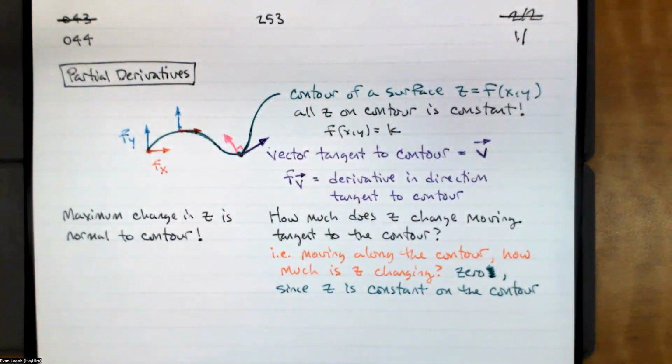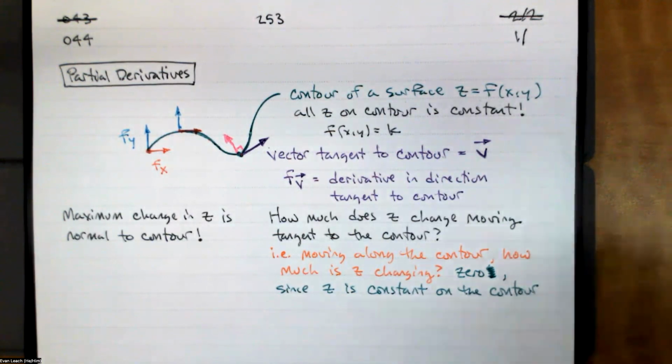So if we are perpendicular to tangent, that will be the steepest up depending on the direction of z, and the steepest going down will just be the opposite.